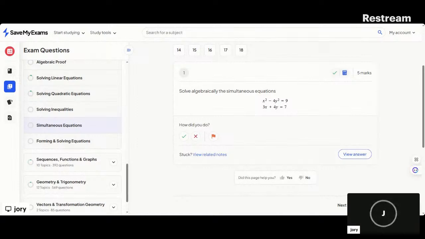Find a value for y. So it's gonna be y equals 7 minus 3x over 4.